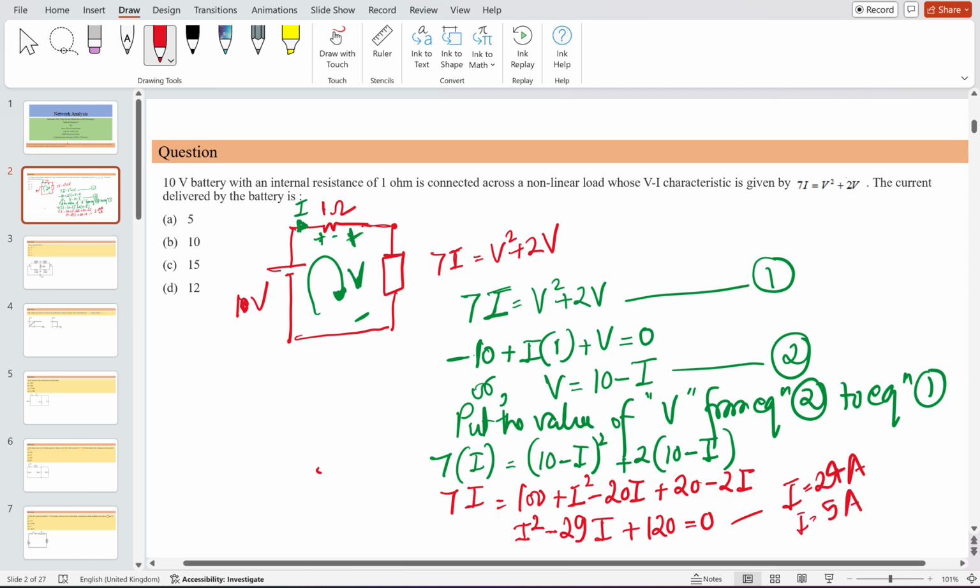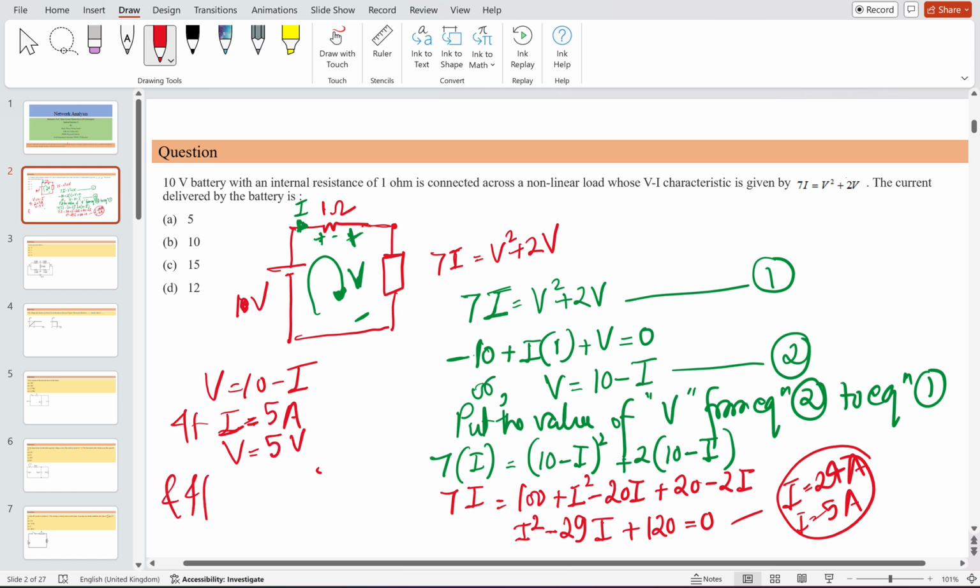Okay. Let's see which value is actually correct. What is the value of voltage? Voltage V is equal to 10 minus I. If I is equal to 5 amps, V will come out to be 5 volts.